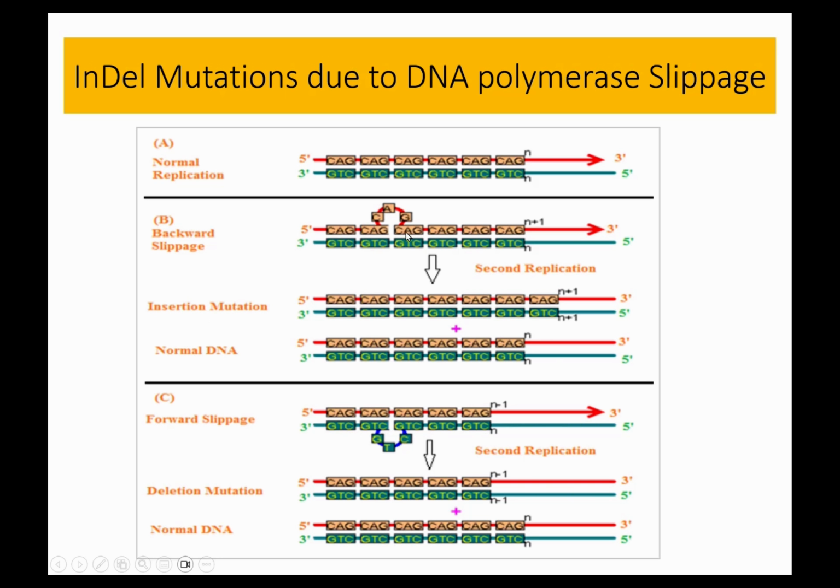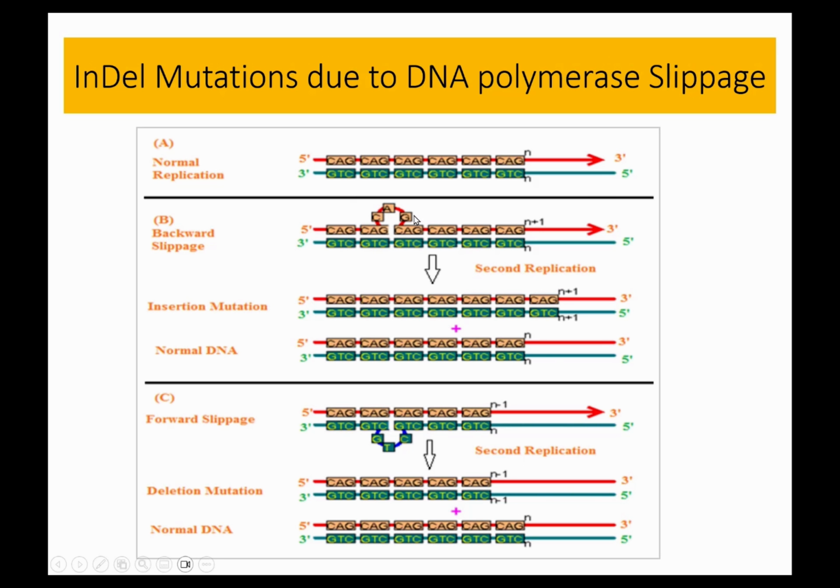It's synthesizing, and it slips backwards. When it slips backwards, the part that is synthesized already, it can't see it. So don't worry about these bases looking like codons. They're just written this way so that you can follow the number of bases. But this is DNA, this is not RNA.